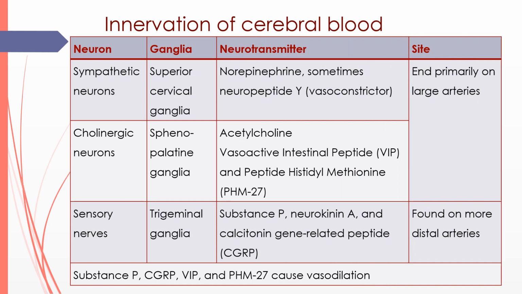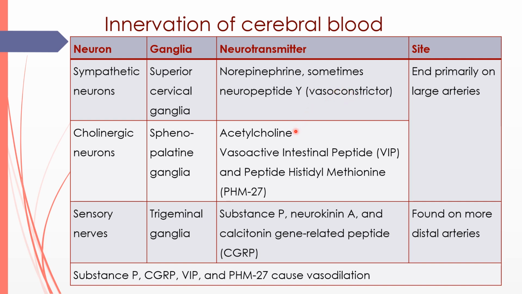Innervation of the cerebral blood vessels: sympathetic neurons, cholinergic neurons, and sensory nerves. From the sympathetic neurons, the neurotransmitter we get is norepinephrine and also neuropeptide Y, which causes a vasoconstriction.